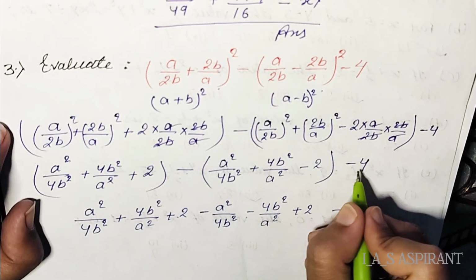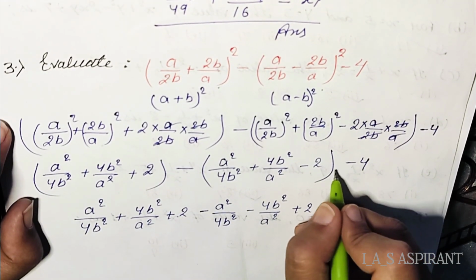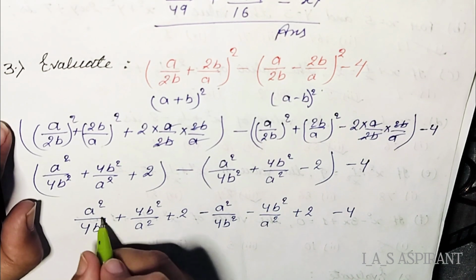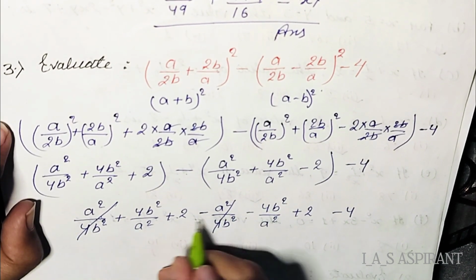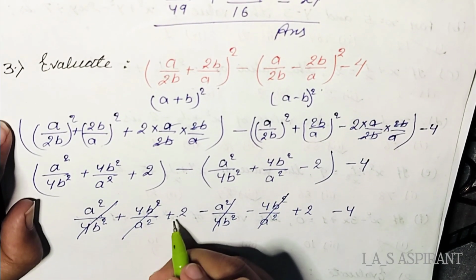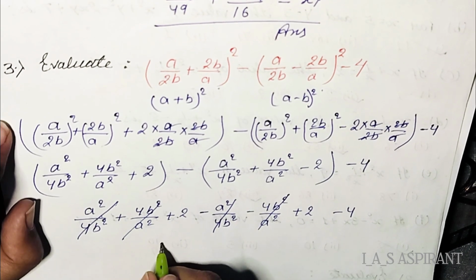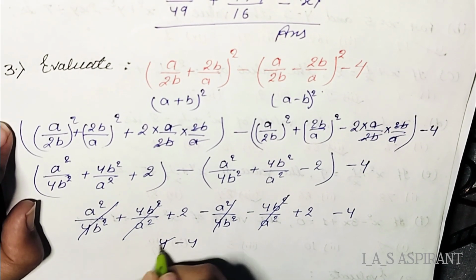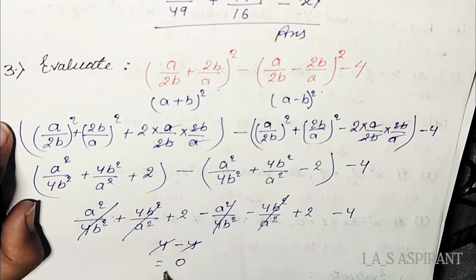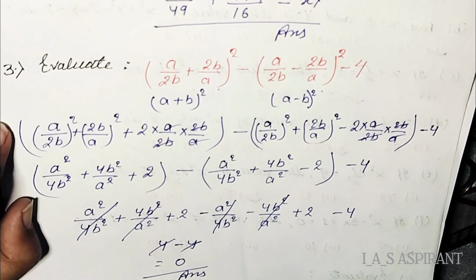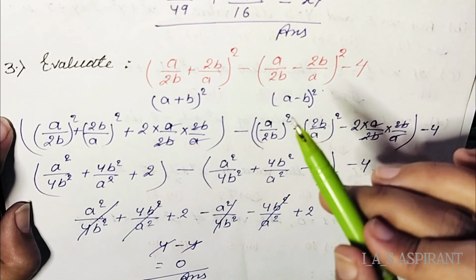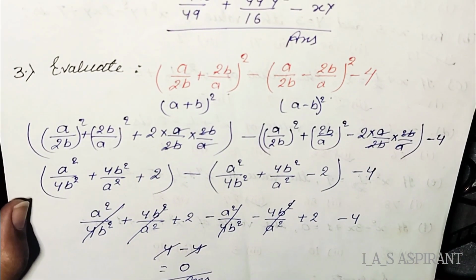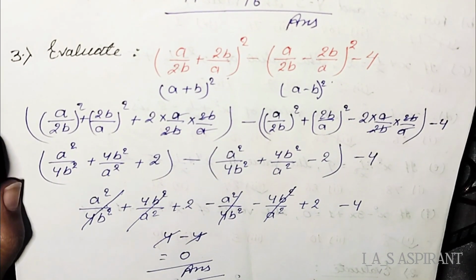This minus outside the bracket is not changed. Now minus and plus cancel, plus 2 and plus 2 make 4. 4 minus 4 also cancels, so the answer will be 0.